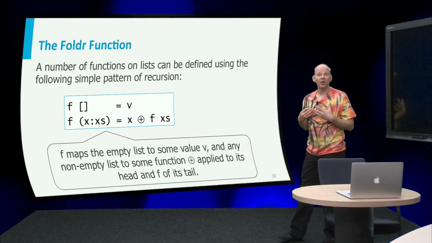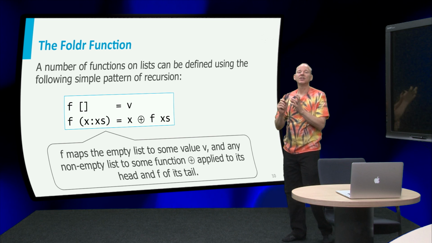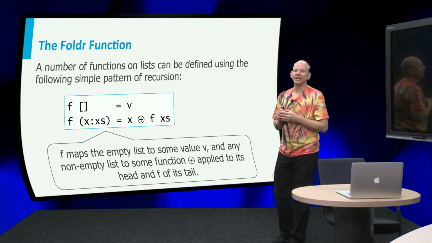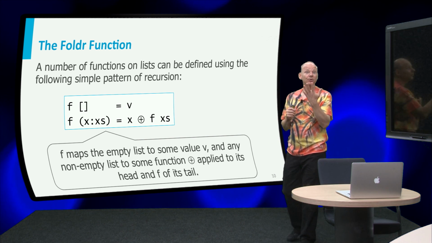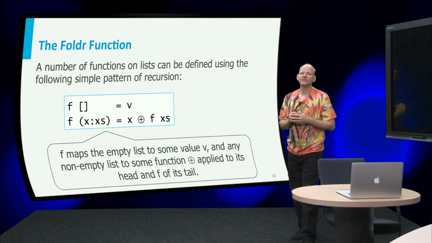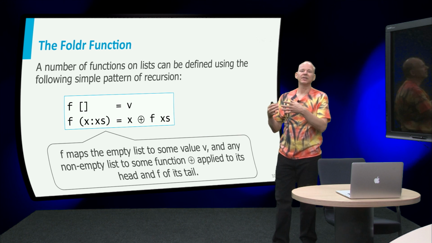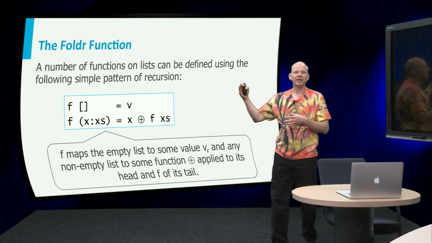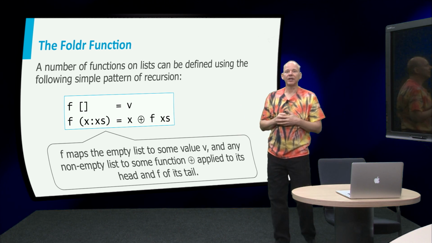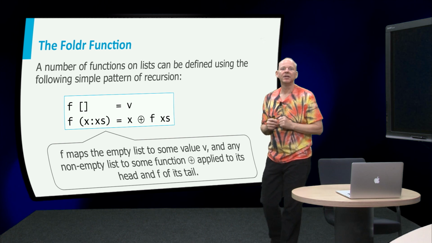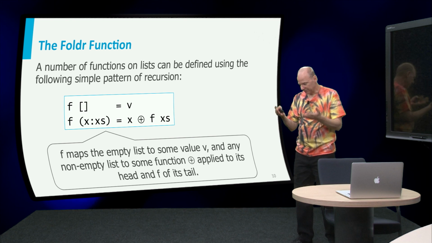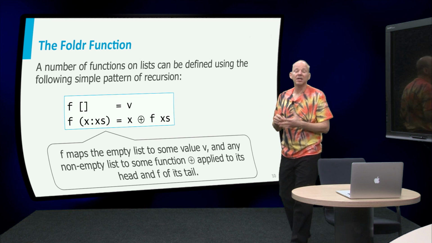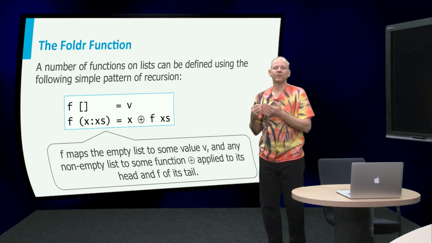So as I said, fold_r captures the essence of recursing over a list. And what's recursing over a list? Well, we have two cases. Once when the list is empty, and once when the list is composed of a list with a value in the front. So in case we have an empty list, when we apply this recursive function, we have to pick a value for the empty list.